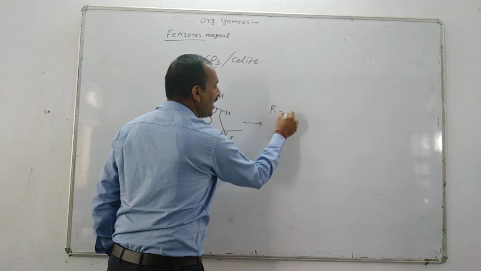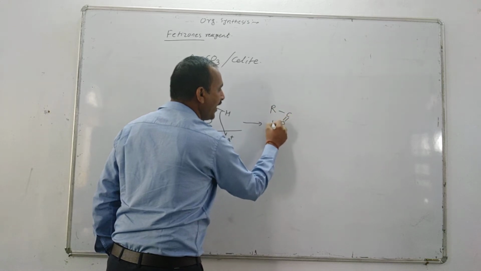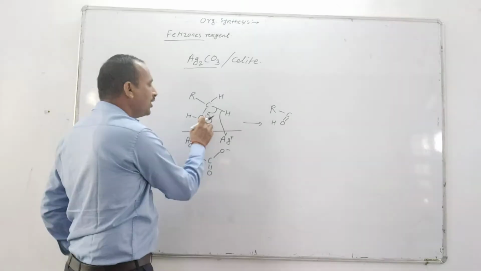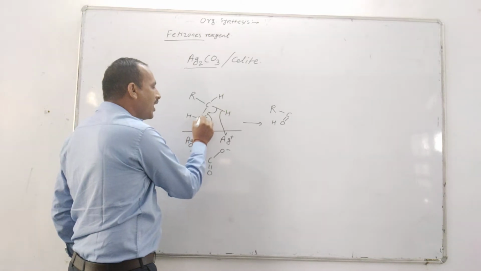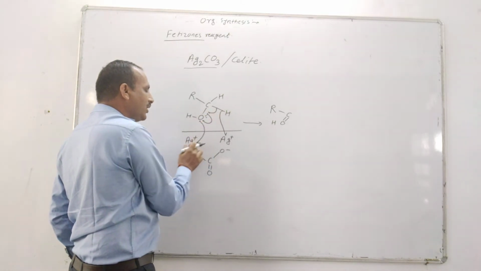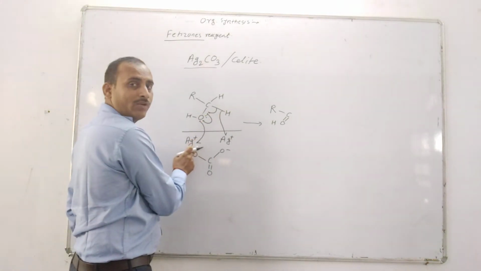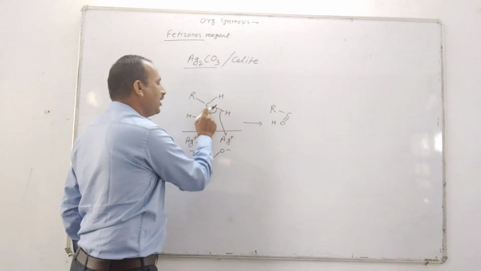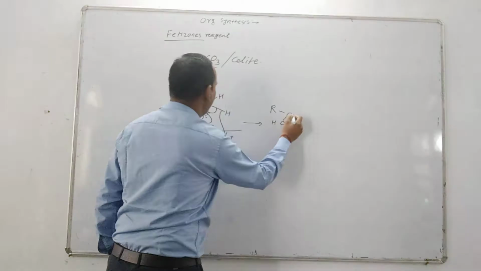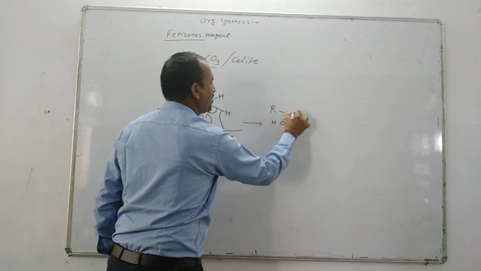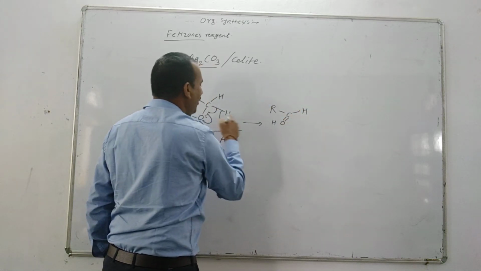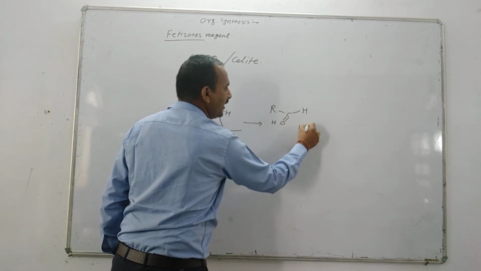It gives RC=O with H, as the lone pair is involved: one electron is donated to silver plus and one electron goes into the double bond, that is pi bond formation, and one H remains on the carbon. Now this becomes H plus, as it donates its electron.